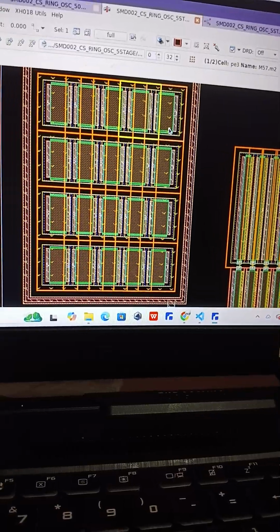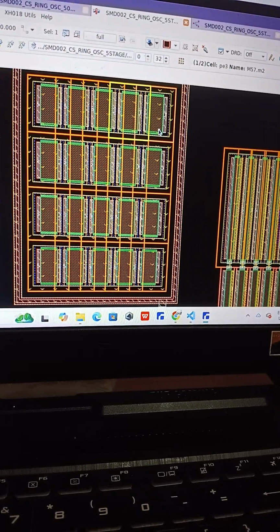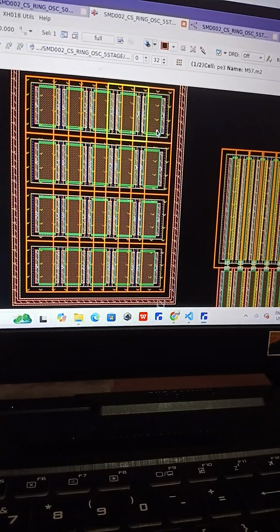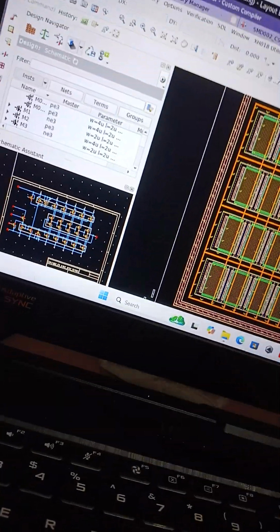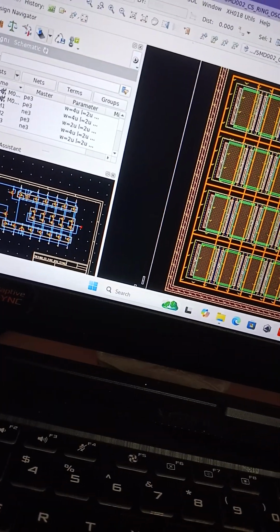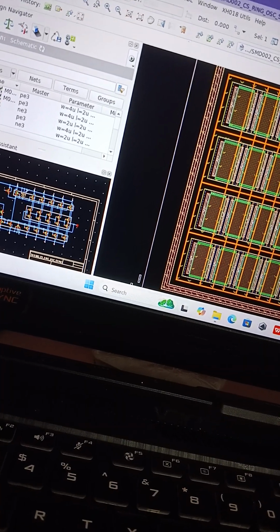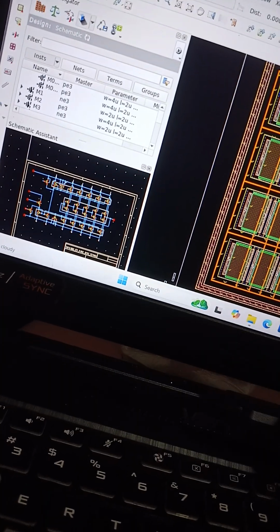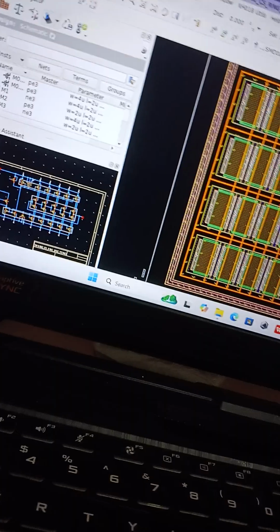What is matching rule? Matching rule is basically we want to make sure that all of our transistors are matched as desired in our schematic, right? So we want to make the devices as similar as possible, and also the connection must be the same as what was designed in the schematics, right?